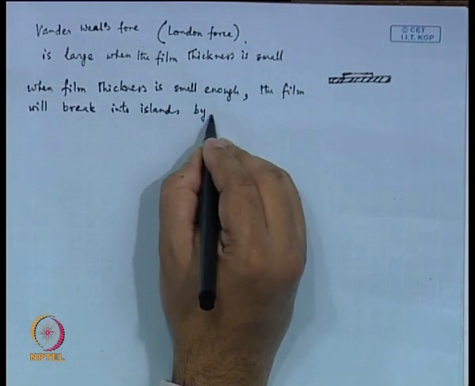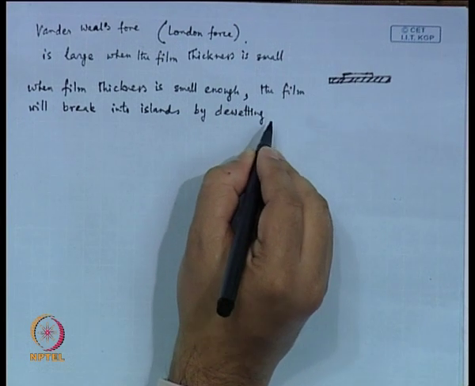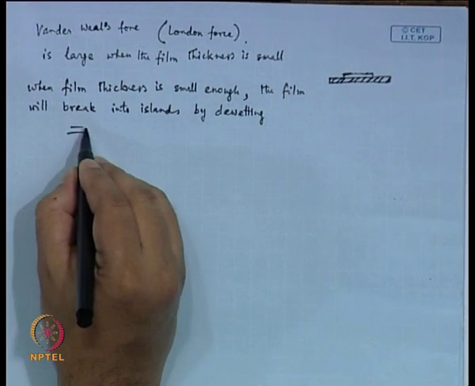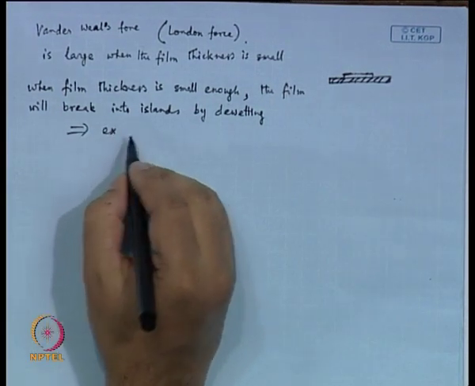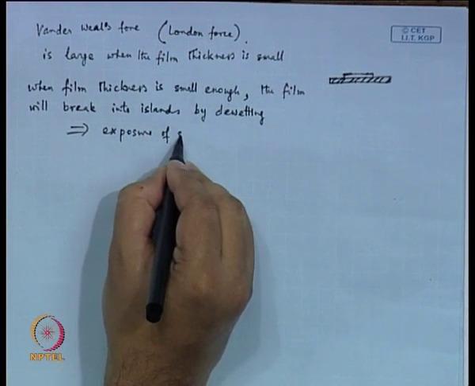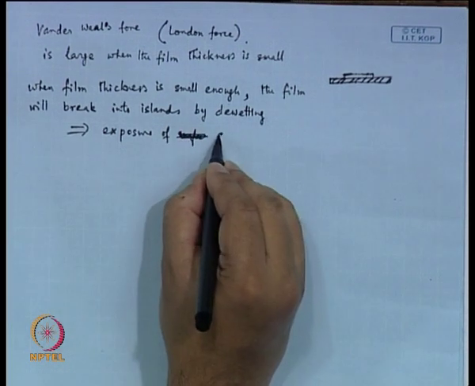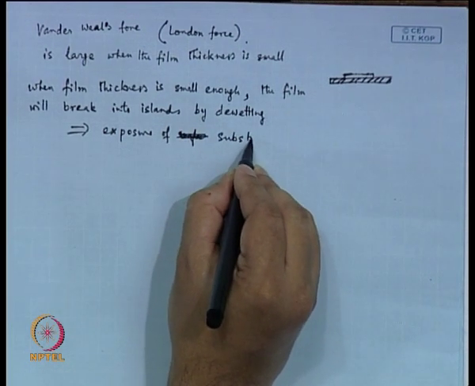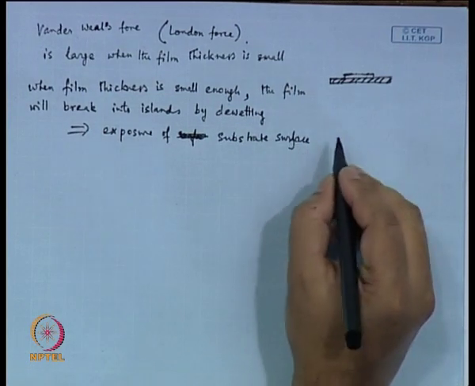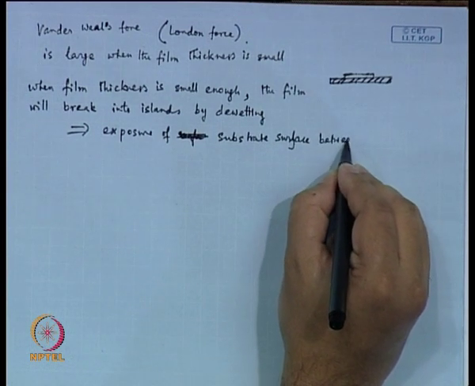by a process referred to as dewetting, and this implies exposure of the substrate surface between the islands.